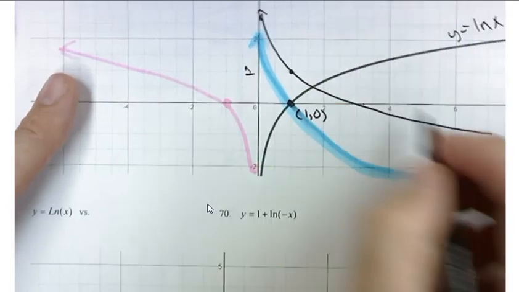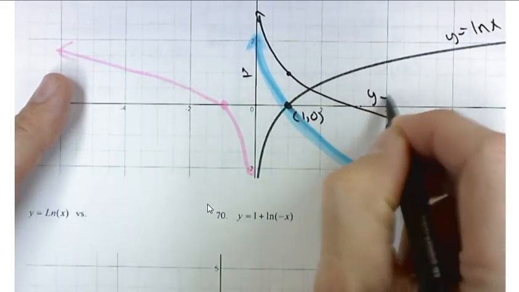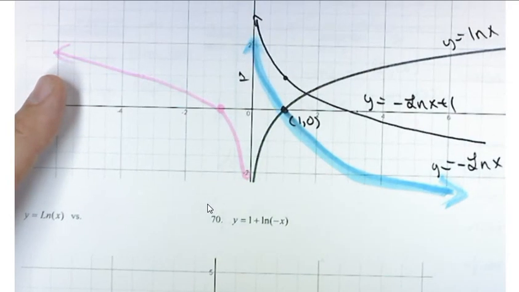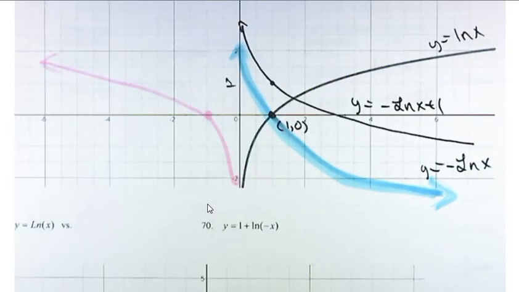So y equals negative ln of x plus 1. Nice. All right. A couple more to finish this up.